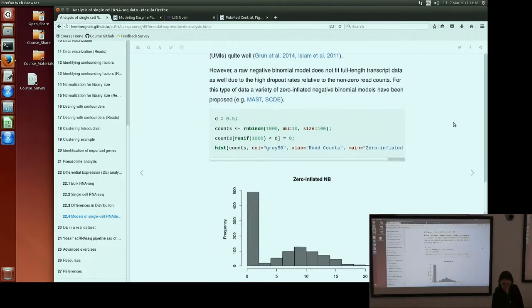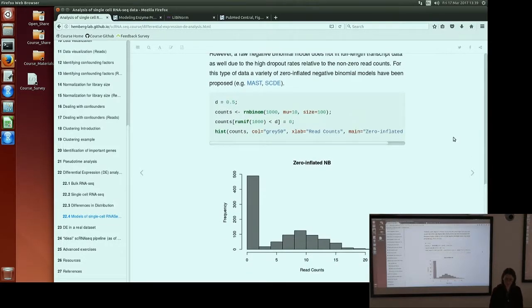But it doesn't usually fit full transcript data, because with full transcript data, we often have some group of cells where there's relatively high expression and high read counts, but then for a large number of cells, we have just zero read counts. So for that, most methods will use a zero-inflated negative binomial model.